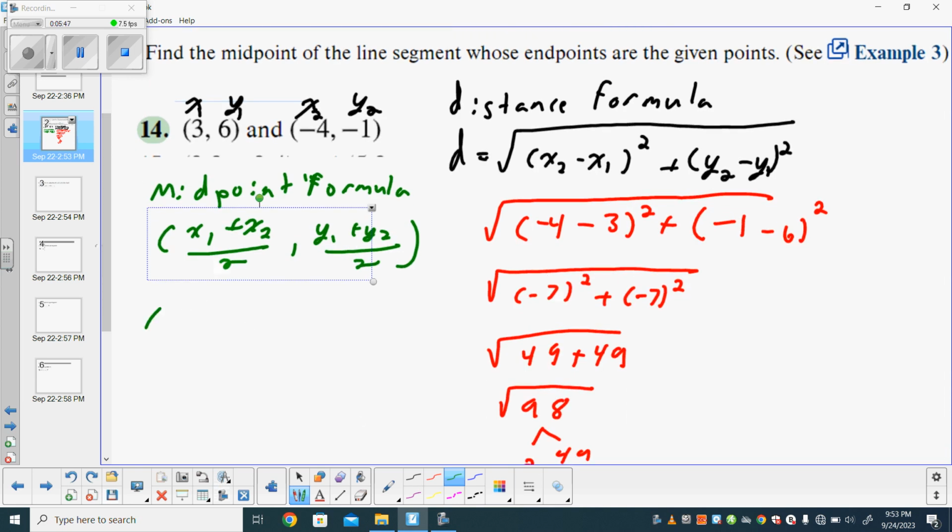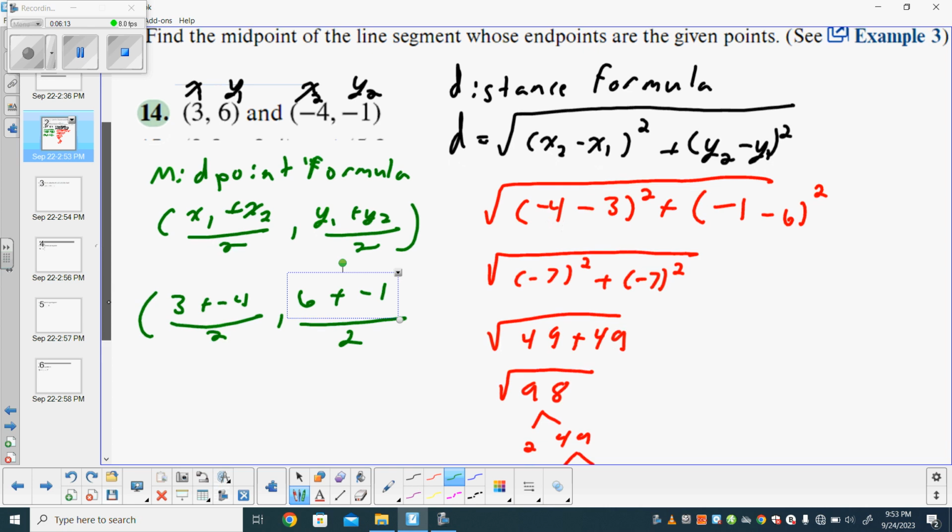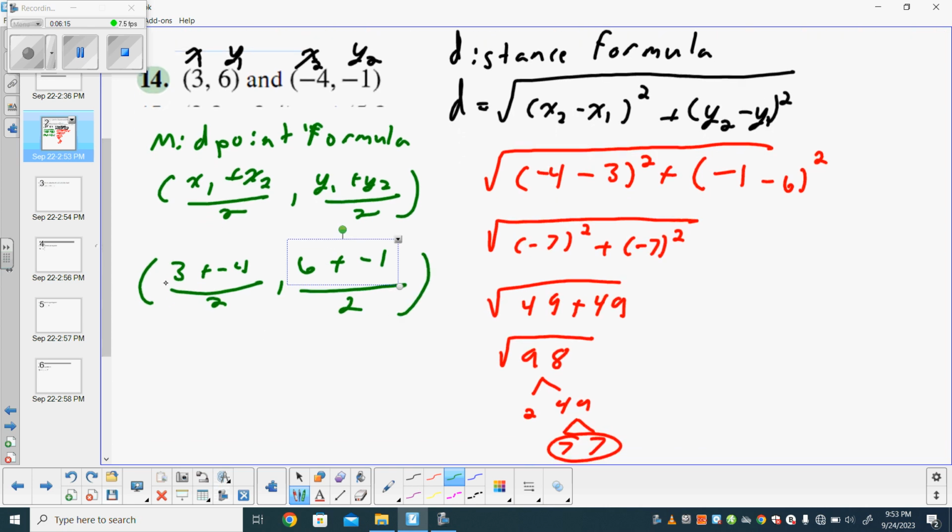And so in this example here, we'll just take 3 plus negative 4 divided by 2. And then we will take 6 plus negative 1 divided by 2. 3 plus negative 4 is negative 1 half.